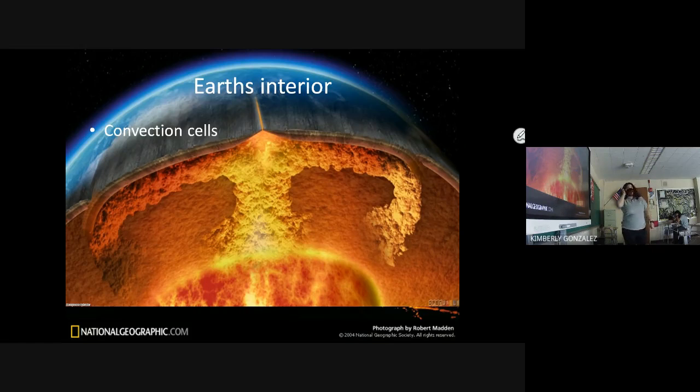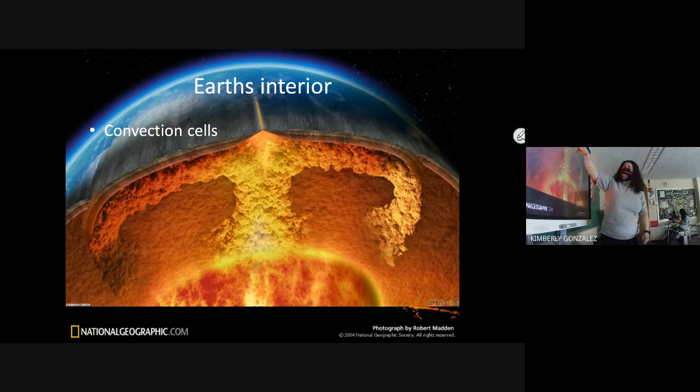And you have to remember, with convection cells, wherever the heating source is, you're going to go up. Then you move away from the heating source, come back down, and back in. If the heating source is in the middle, you can have two convection cells where they go up, away, down, and back, like in this case.